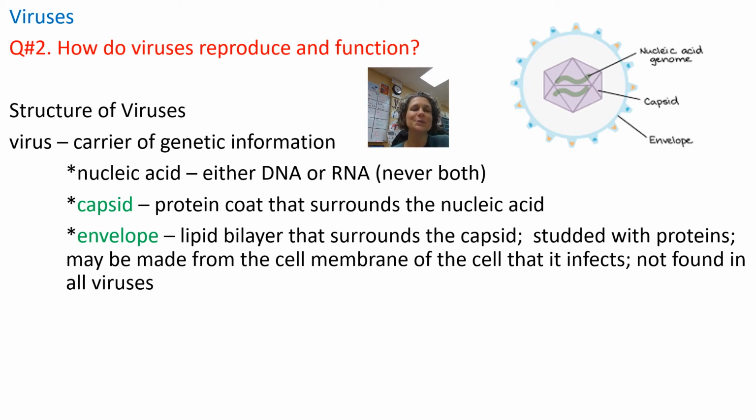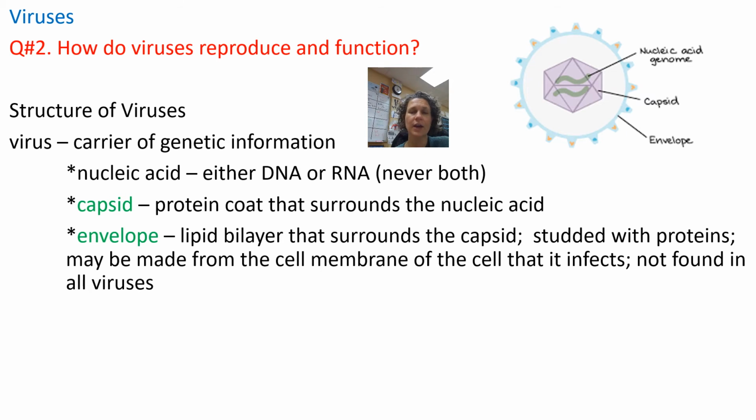Okay, so here's the deal with viruses. They have a very simple structure, but essentially all they are doing is carrying genetic information. They can carry either DNA or RNA, but never both at the same time. They have a capsid that surrounds that nucleic acid.